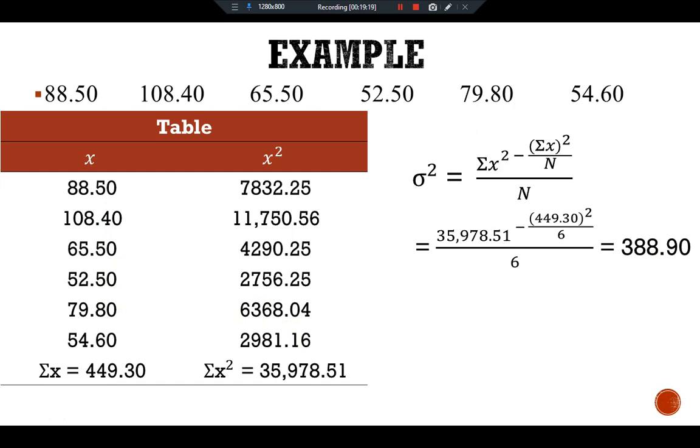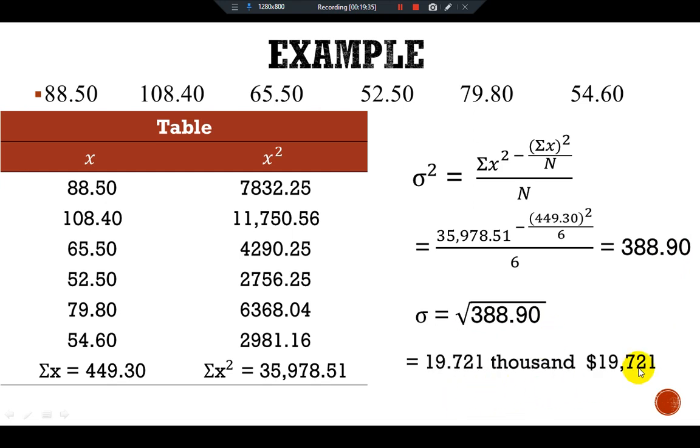Then the standard deviation can be obtained by taking the square root of the variance. We take the square root of this, and we get the standard deviation, 19.721, that is 19,721.